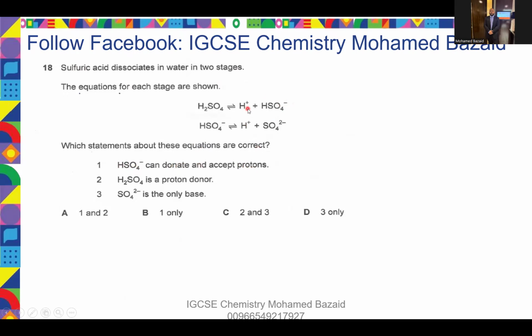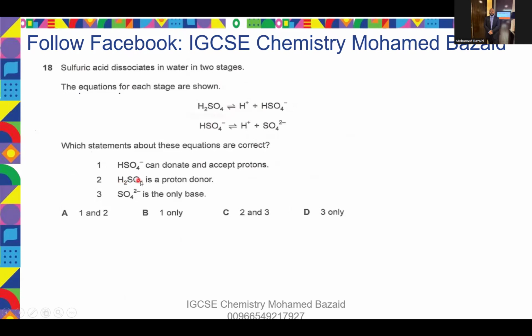Yes. As you see here, in the reversible reaction, HSO4 minus accepts a proton to form H2SO4. And in the second equation, it can donate H positive to form SO4 2 minus. So number 1 is correct.